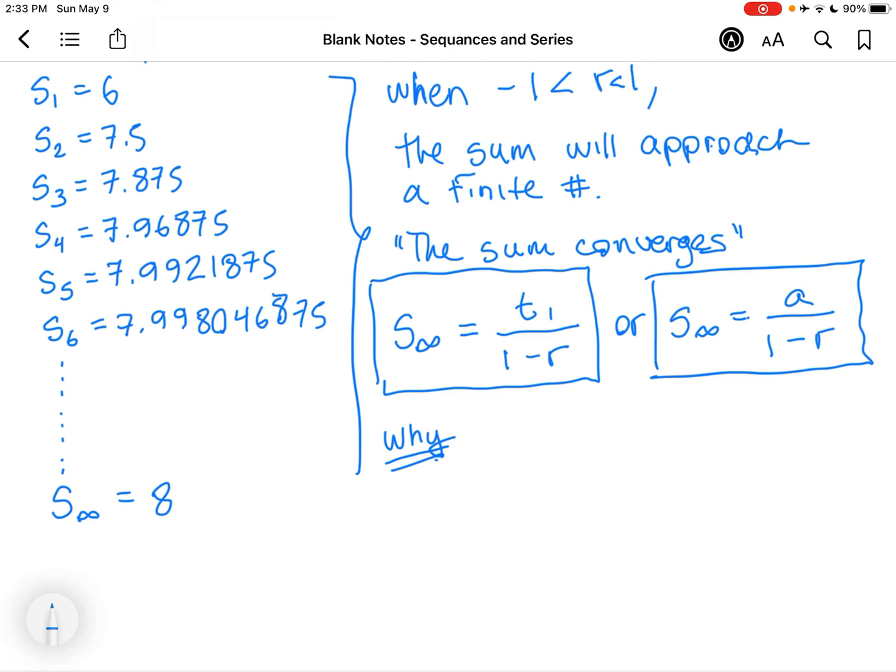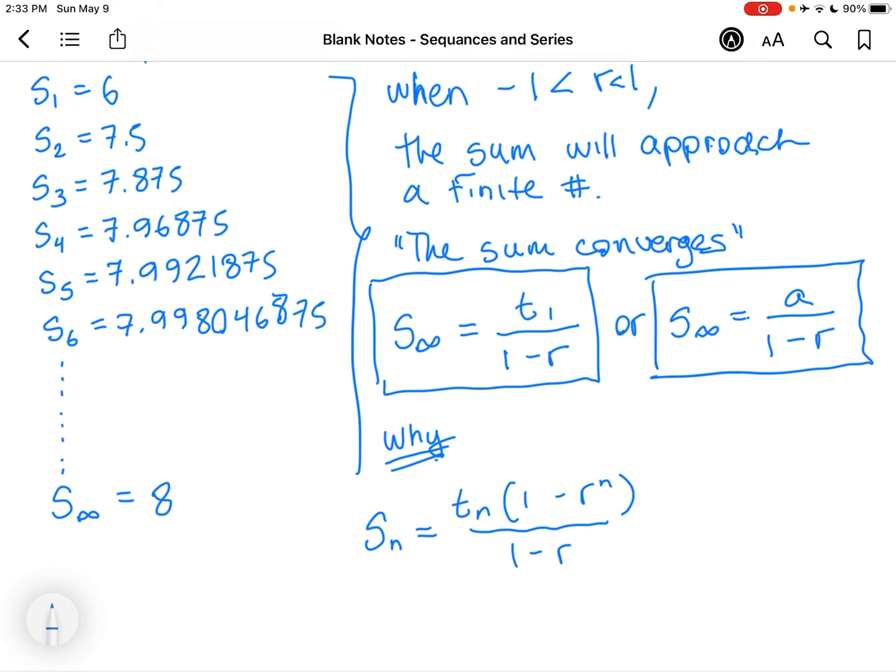If we look at just any geometric series, the general term of any geometric series is this. It's Sn equals Tn times 1 minus r to the n over 1 minus r.